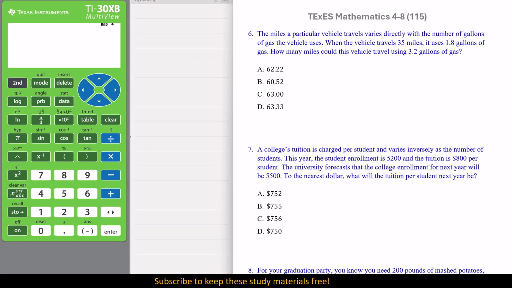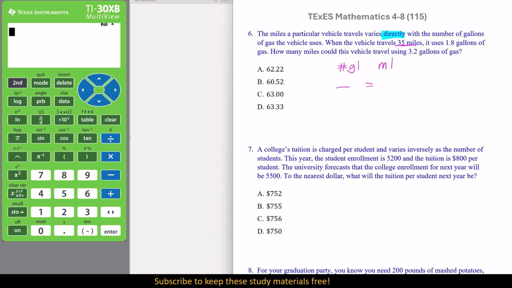Okay, the key here is it's going to vary directly. Directly with what? Gallons. Okay, number of gallons. So you're going to have the number of gallons versus the miles. I'm going to say GL, and then miles over here.